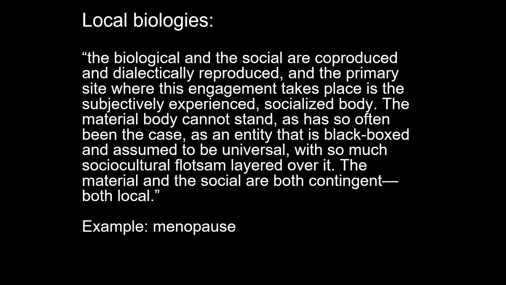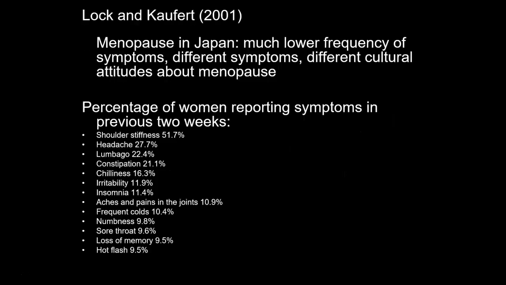And she gives us some quite interesting sort of cross-cultural information about how menopause is experienced in different ways to, again, underline this idea that biology is not just a universal function of the human body, but is informed by local cultural frameworks. So the work on menopause is drawing from research that she did in collaboration with Kaufert. It was published in 2001.